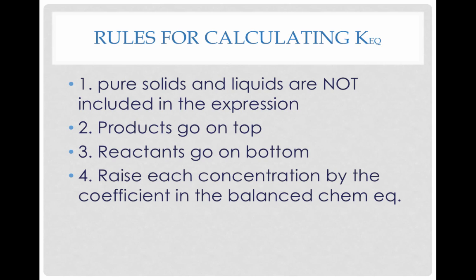So I'm going to show you how to calculate what's called the equilibrium constant, or the K value. K stands for constant, and EQ stands for equilibrium. So we're going to calculate the KEQ, and there's a couple of rules associated with this. First rule, you cannot have liquids or solids in the reaction.